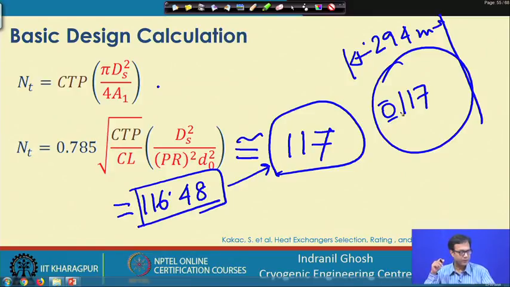So, this is a summary of the rough estimate that we have obtained for this heat exchanger.